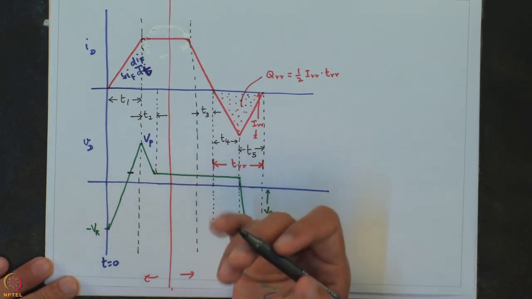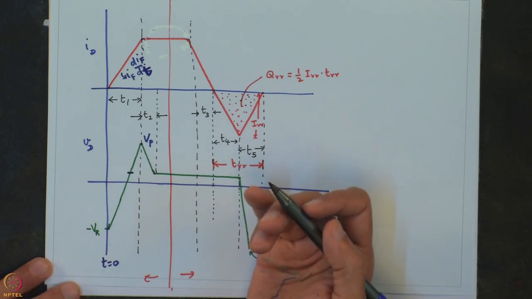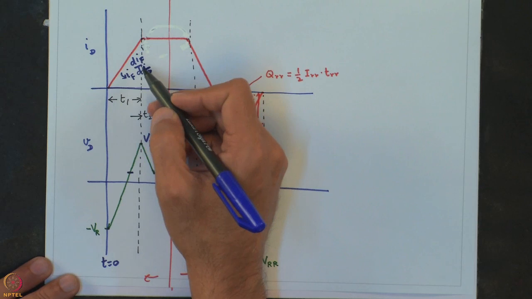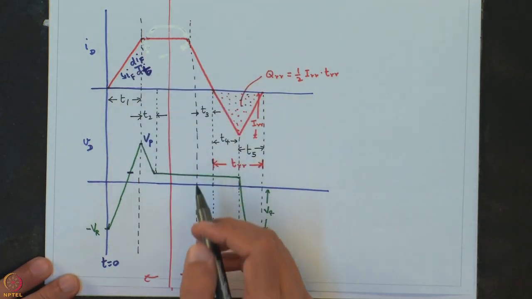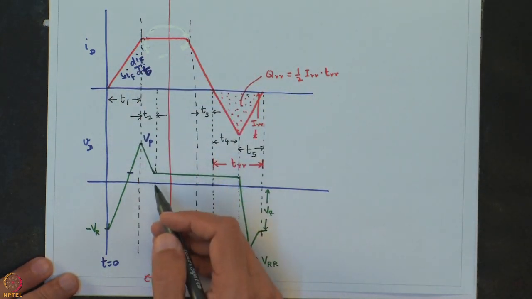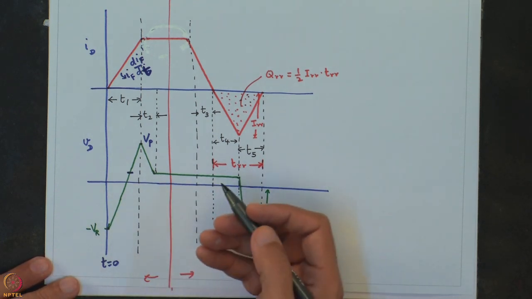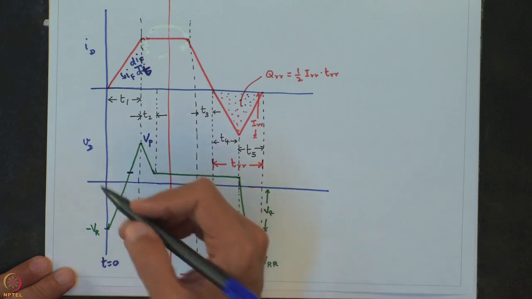But there are a few issues. One of them is that during this time, which I have marked as T1, during which the current through the diode is building up, the excess charge carriers have still not built up completely. So, still there is a high resistance across the N minus layer or the drift layer of the device. So, that is one thing.